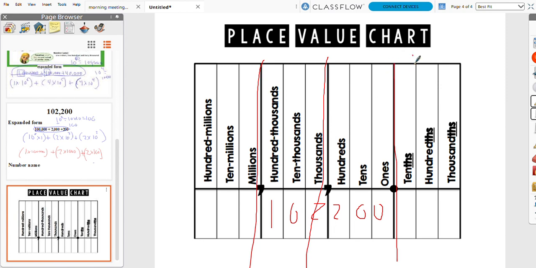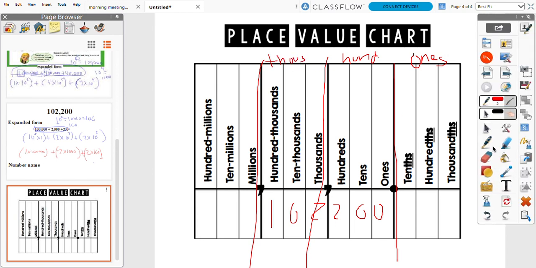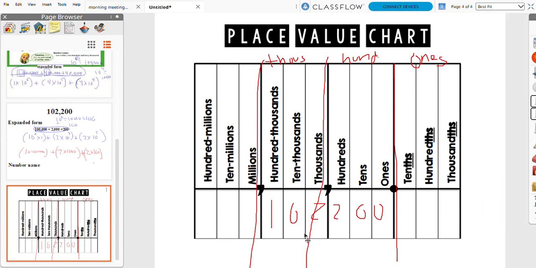So you have your ones period, your hundreds, and then your thousands. And why you have these in periods is that's how you read these numbers. You look at each period, and that's what you'll say the number within the period, and then move on to the next period and the next period. And I'll show you what I mean by that.